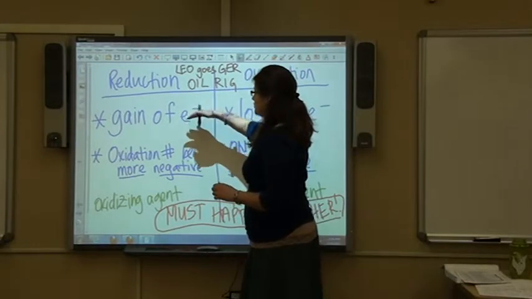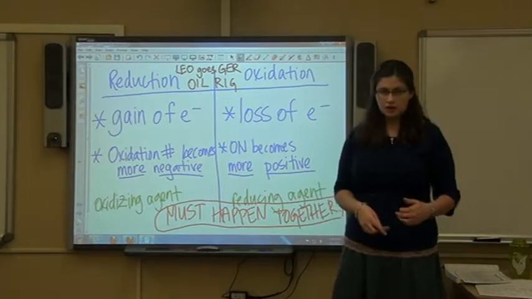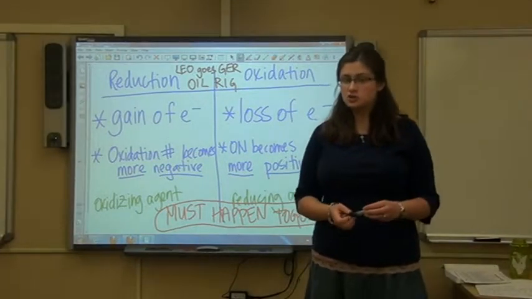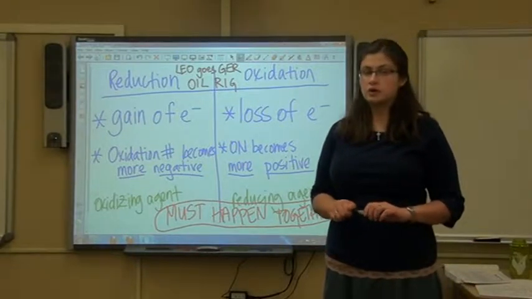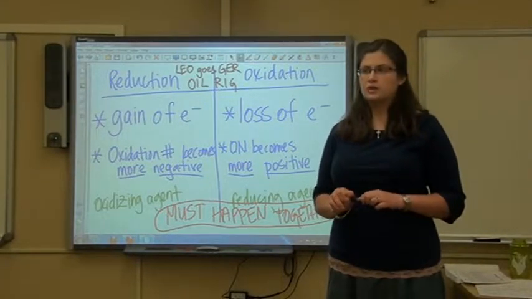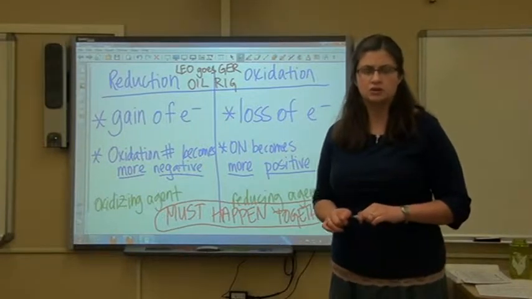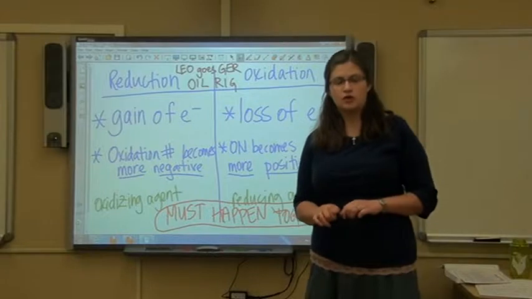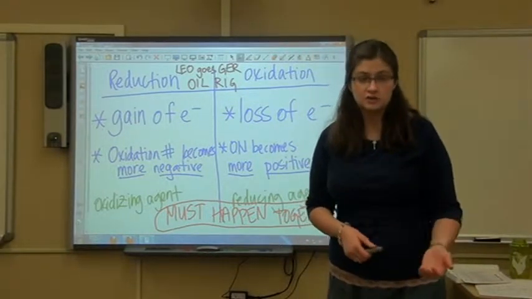Let's talk a little bit about reduction. So reduction is the gain of electrons, and when you are gaining electrons, it means that your oxidation number or your oxidation state is going to become more negative. In redox, almost everything is sort of backwards. It's almost sort of counterintuitive. You would think that if you're gaining more, you have a positive, just like if you're gaining more money, your bank account increases.